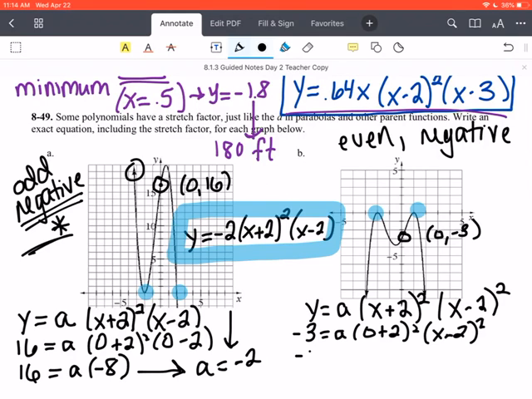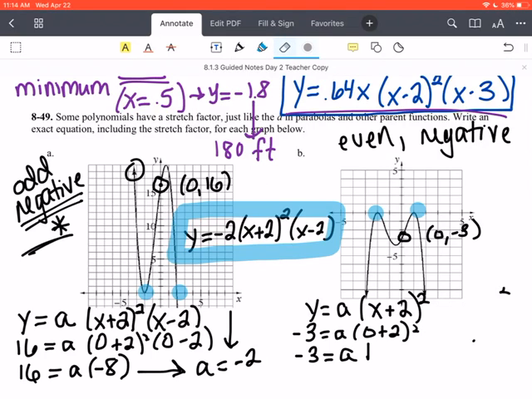When I do the math, I have negative 3 equals a, and then 4, because negative 2 squared is 4, so 4 times 4 is 16. My bad. Hopefully you're screaming at me right now. I knew something wasn't working out.